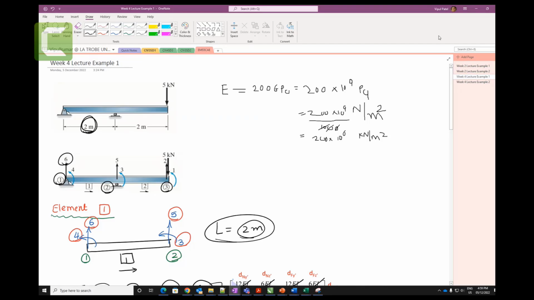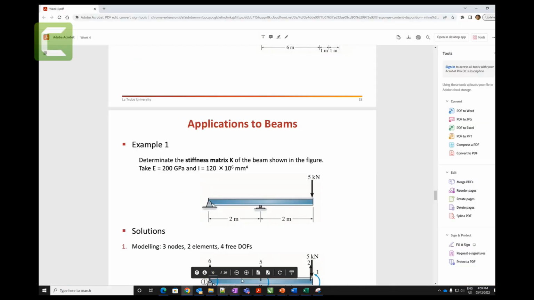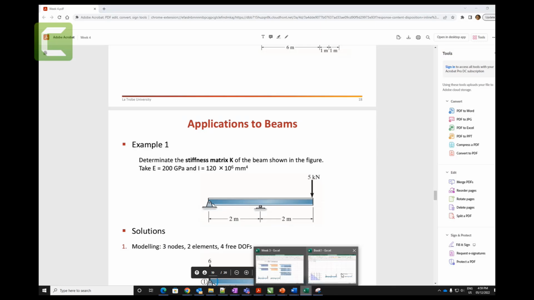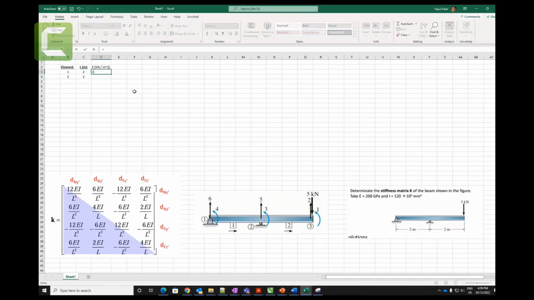So I can write 200 times 10 to the power 6. I hope you know how to do it. Just put the equal to sign, type 200 times 10 to the power 6 using your keyboard, press enter. Are any students following with me? Are any students doing Excel with me?